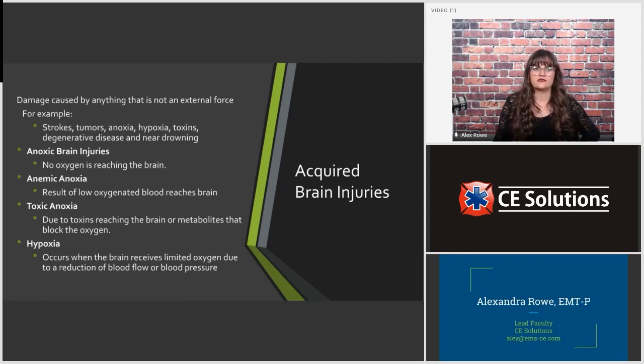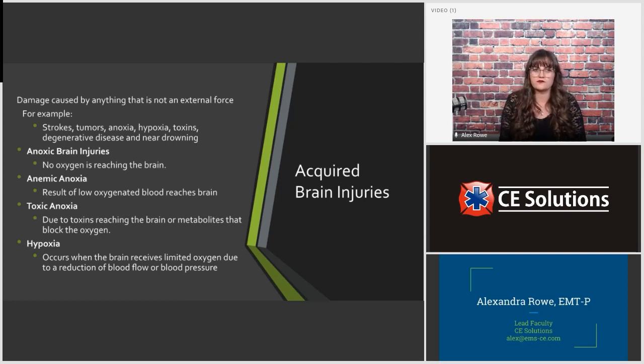Acquired brain injuries. This is damage that's not from an external force. For example, a patient who has a stroke, maybe they have a tumor, anoxia, hypoxia, toxins, degenerative disease, and near drowning. So let's go through some of these. Anoxic brain injuries. This is when there's no oxygen reaching the brain at all. Complete cut off.